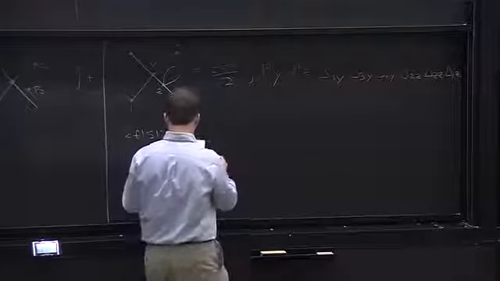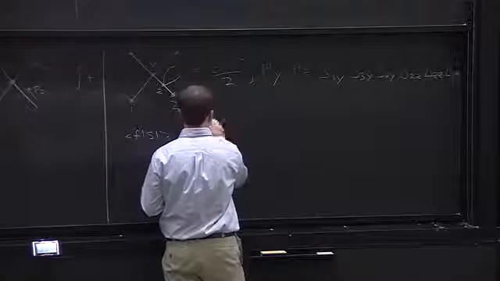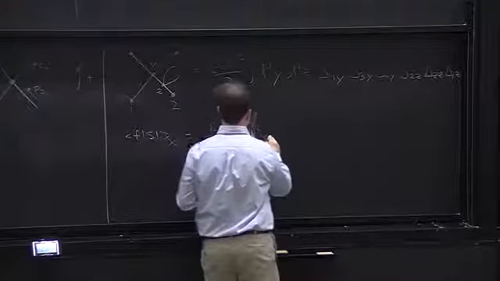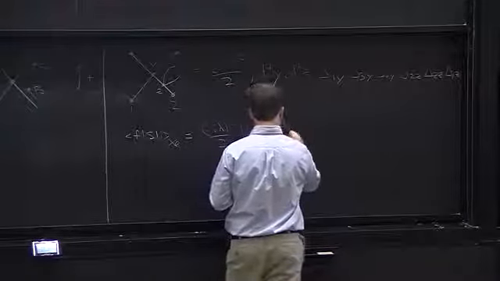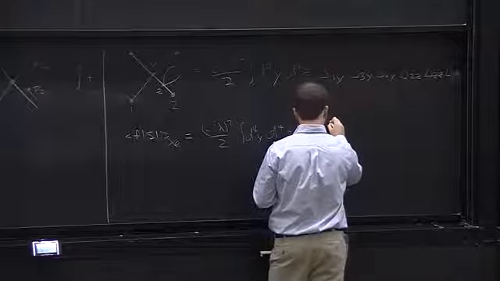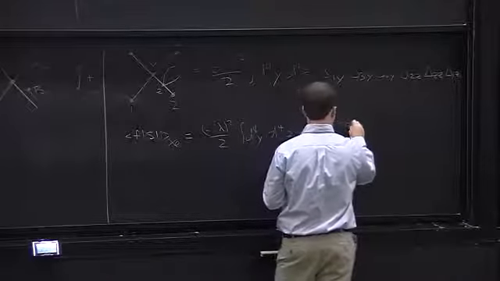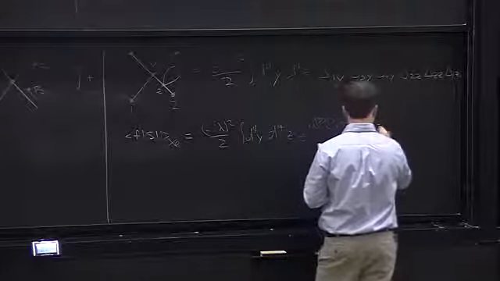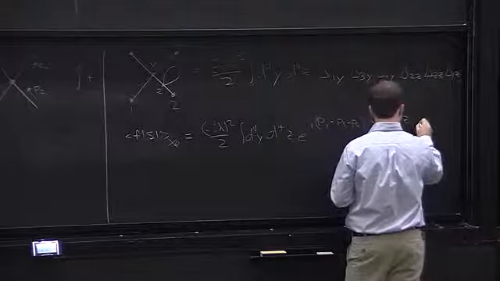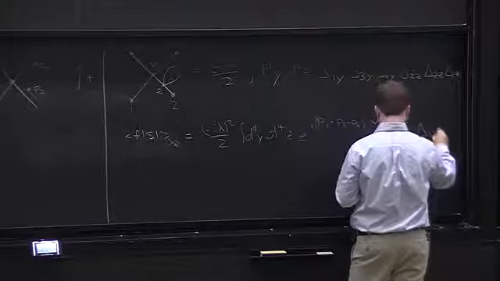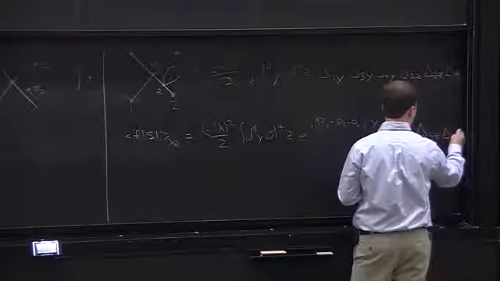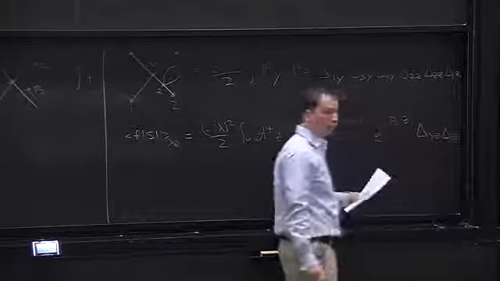And what we're left with is this. So e to the i p1 minus p3 minus p4 times y, e to the i p2 times z. And these two internal propagators don't have Klein-Gordon operators acting on them, so they remain.